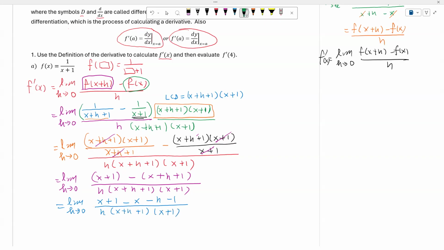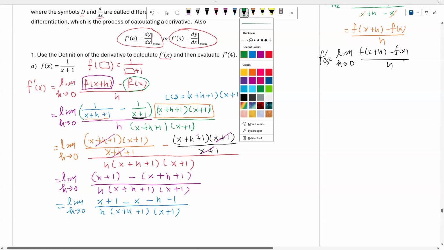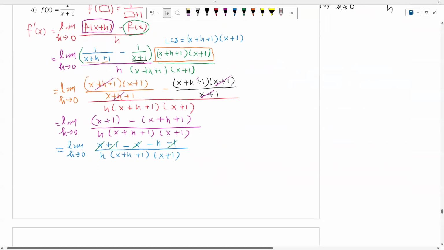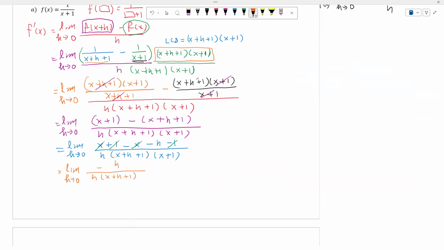Okay. x minus x cancel. Positive 1 minus 1 cancel. Negative h over h, x plus h plus 1, x plus 1. h and h cancel. Okay.